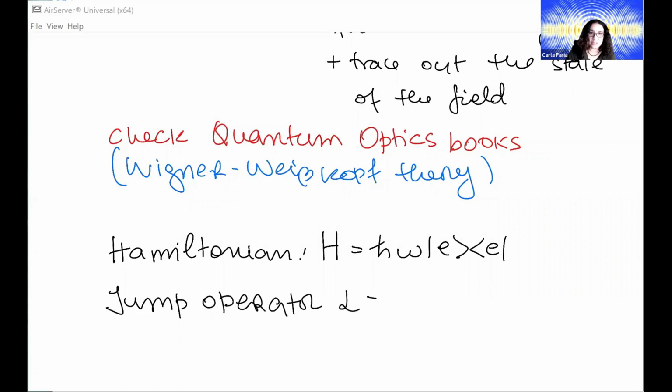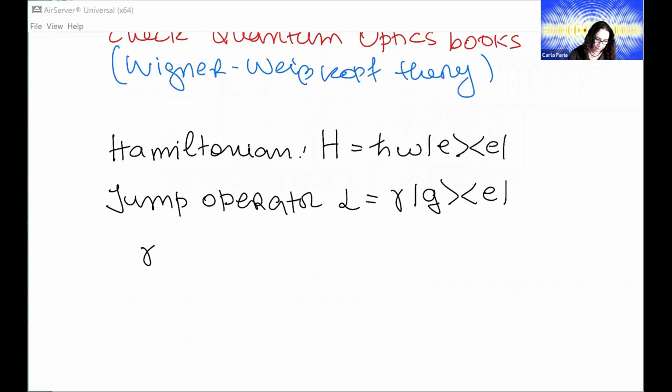L is going to be just one, no complicated sums, root gamma, and then you have this |G><E|, this operator here. So one thing that we can see is that we embody spontaneous decay. So this gamma is the rate at which spontaneous decay occurs.